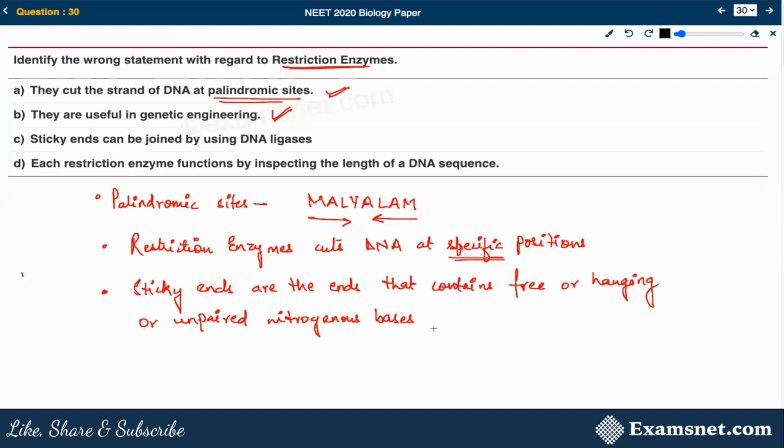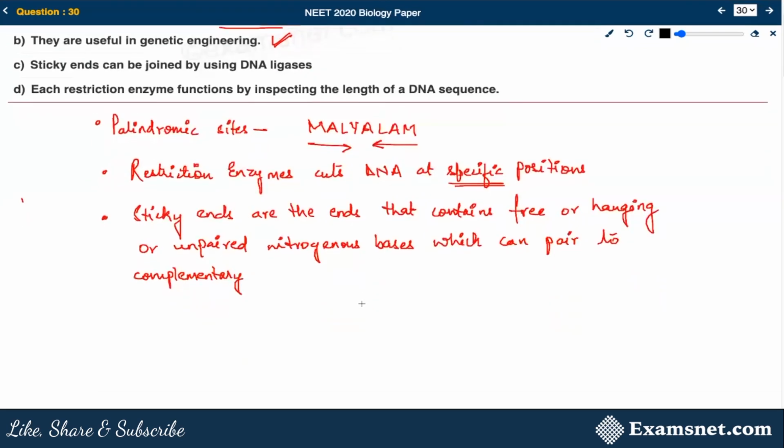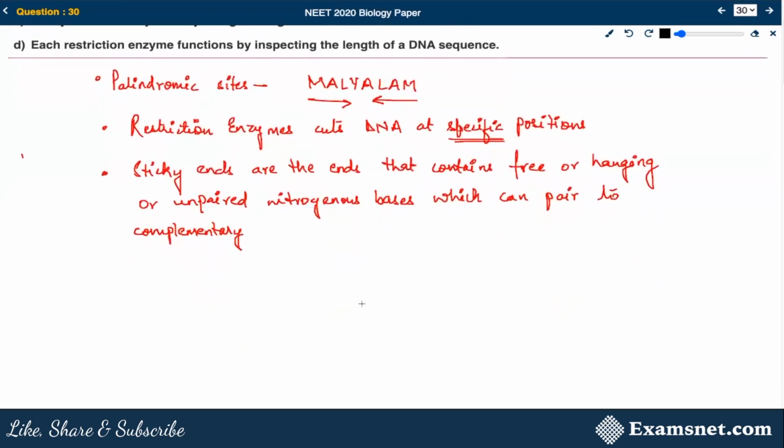So which can pair to complementary bases. Complementary means in accordance to. That means whatever bases will be in complementation with the unpaired nitrogenous bases will be found.